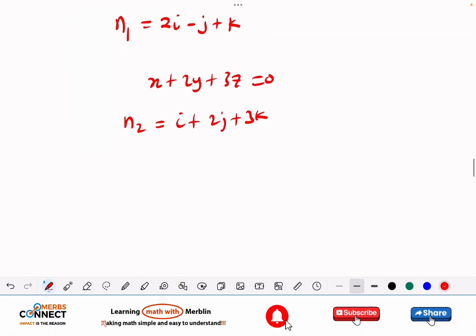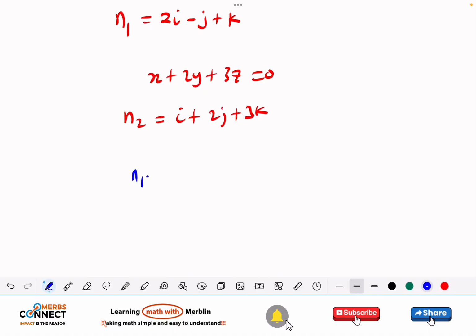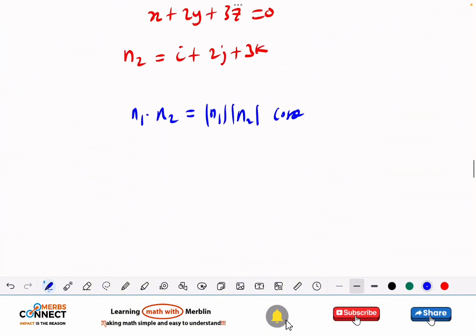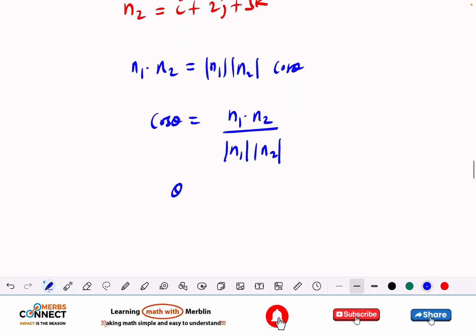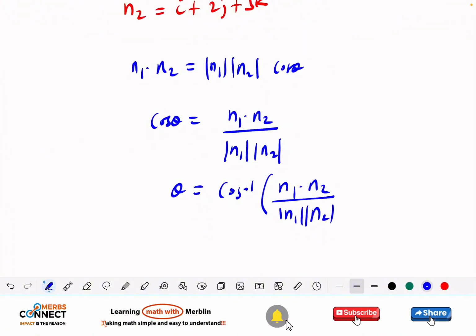So since we want to find the angle, n1 dot n2 should be equal to the magnitude of n1, the magnitude of n2, and then cos theta. So cos theta is equal to n1 dot n2 divided by the magnitude of n1 times n2, and then theta will be equal to cos inverse of n1 dot n2 divided by the magnitude of n1 times the magnitude of n2.